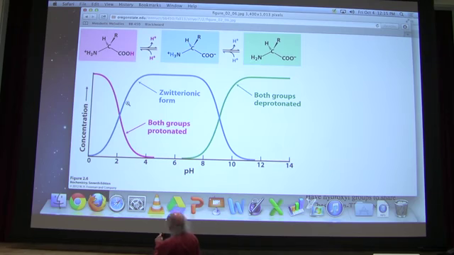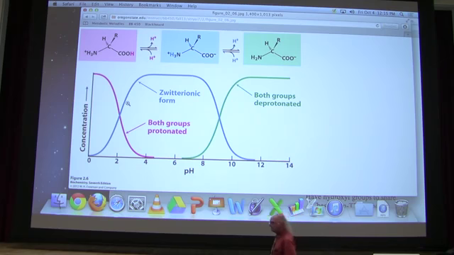There's the salt form of the same amine. Carboxyls, on the other hand, can have a charge of 0 if they have the proton on, and a charge of -1 if the proton is off. The salt form of the carboxyl is the COO-. The acid form of the carboxyl is the COOH.